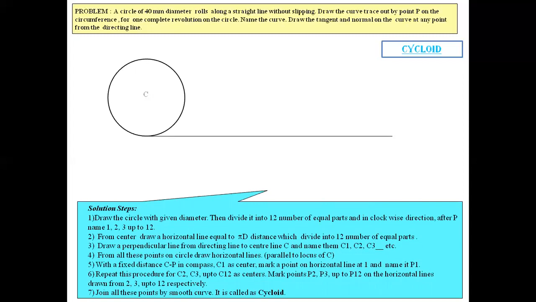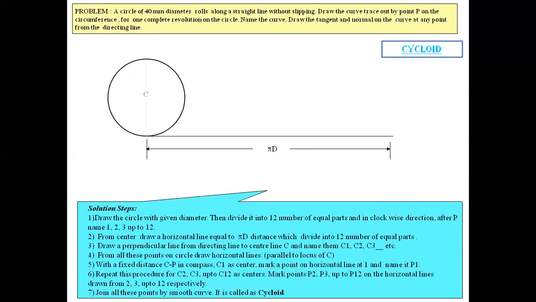Then draw the straight line, which is found by the equation pi into d. Pi means 3.14 and d means the rolling circle diameter, in this problem 40 mm, so 3.14 into 40 is about 125.6 mm in this particular problem.